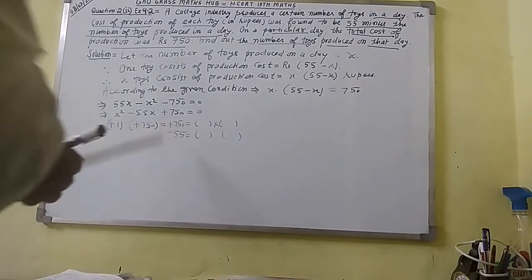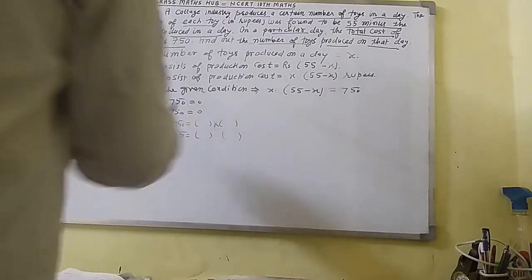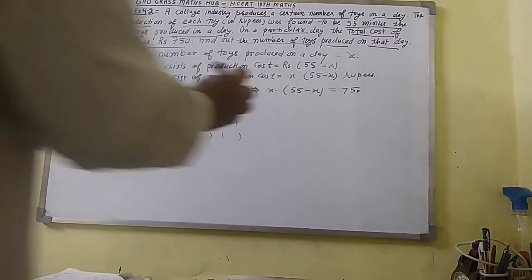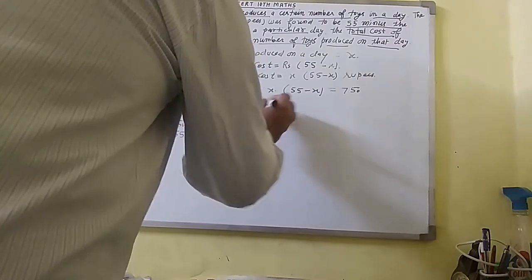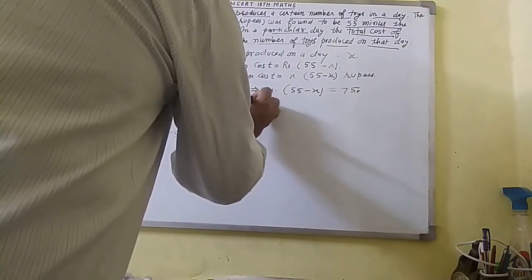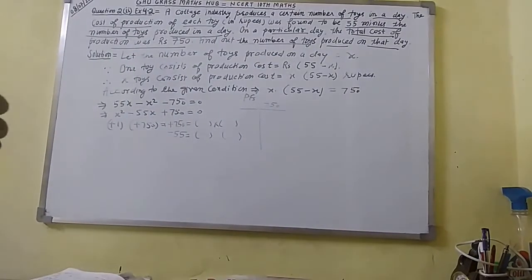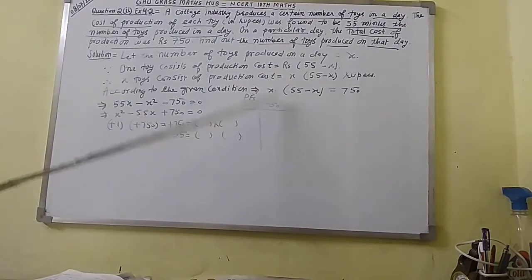Now, the next step: we have to get the prime factors of plus 750. At the unit place 0 is there.